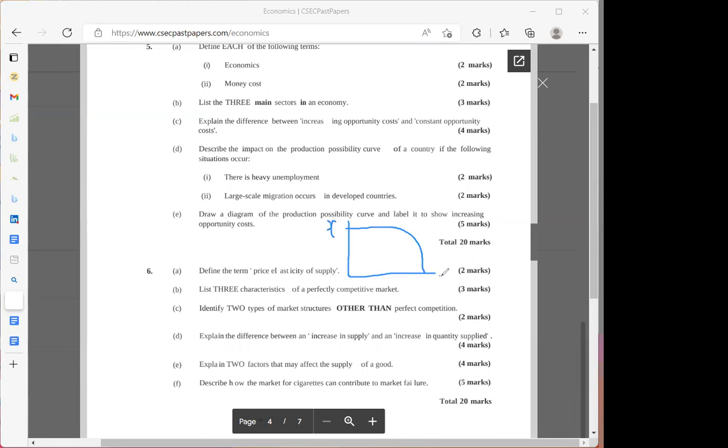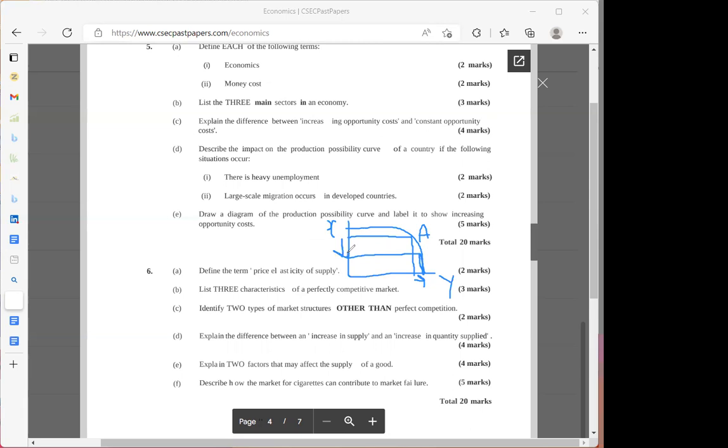If we are producing two goods, X and Y, at point A we get this amount of units of good X and Y. As you can see, if we want more of good Y, this small increase in good Y, we have to give up an increasing amount of good X. So this is how opportunity cost works.